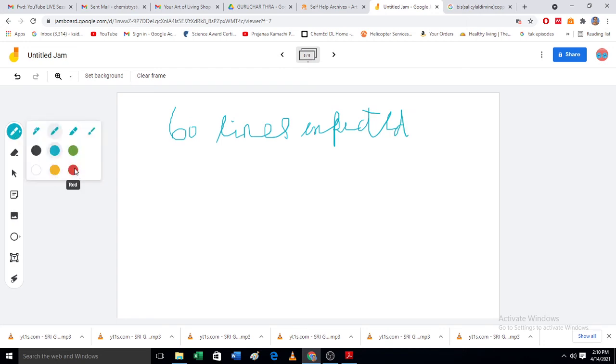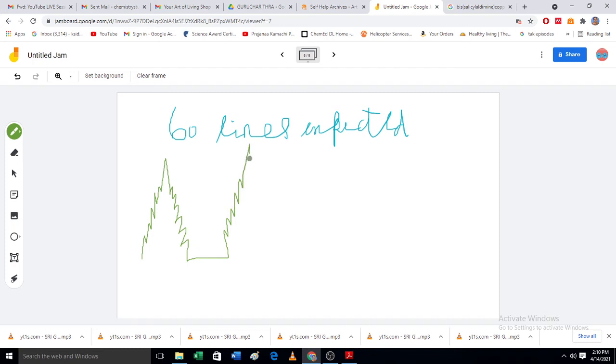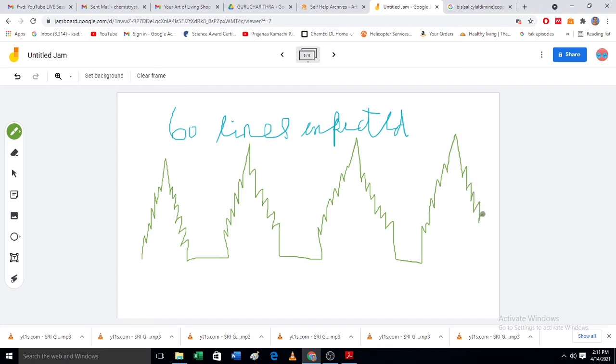The real spectrum is like this. So you are getting 4 peaks.